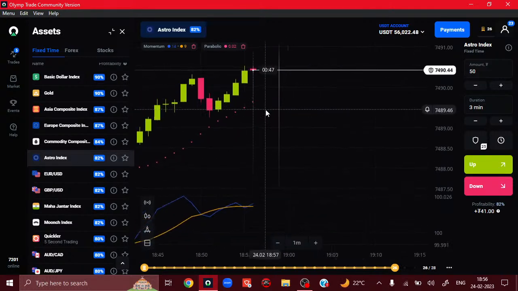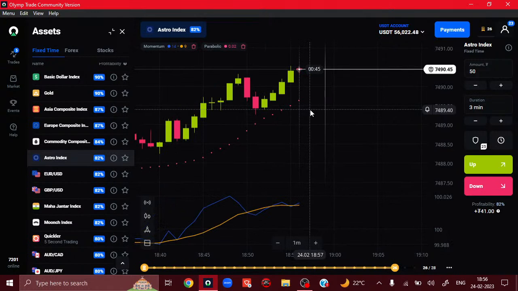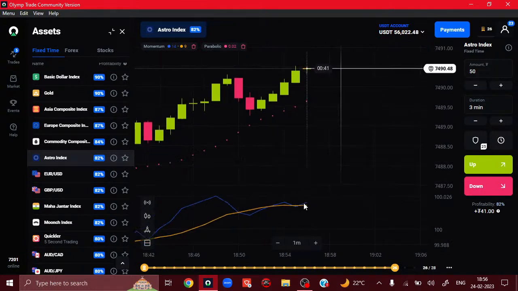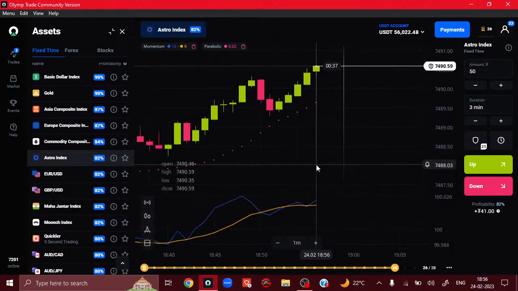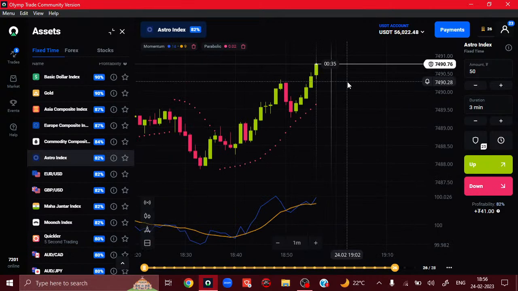Alright guys, here I think we are about to get an entry. As soon as we see that the yellow line crosses the blue control line in the downward direction, we will make the trade. Let us wait for this candle to close at least.